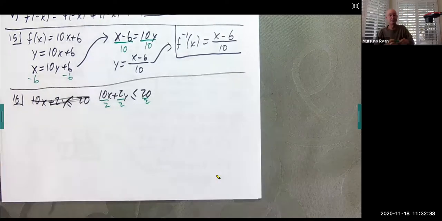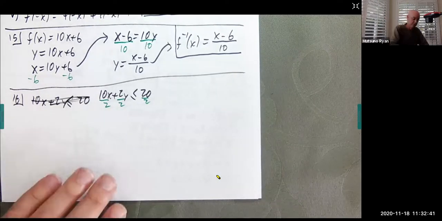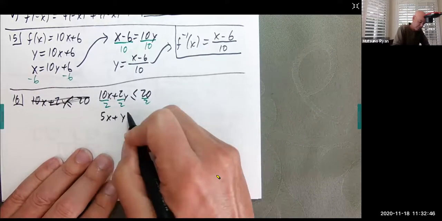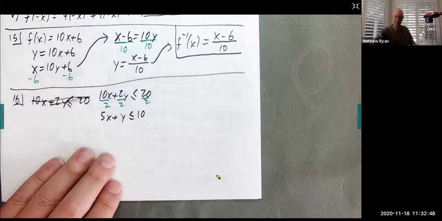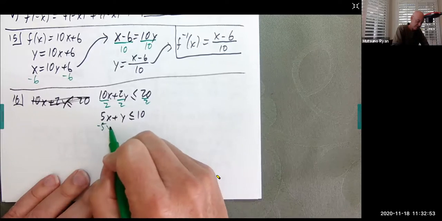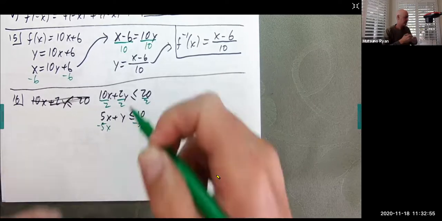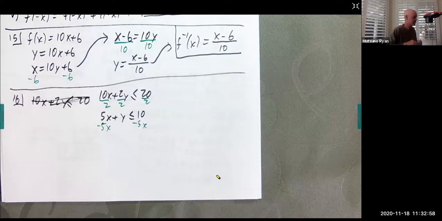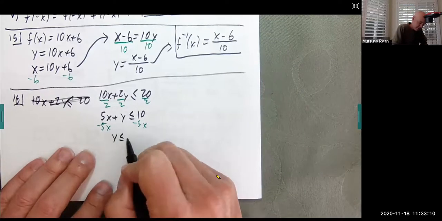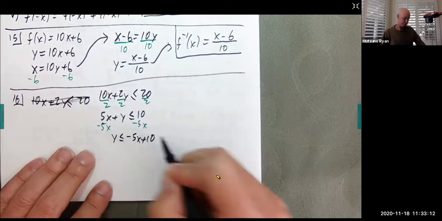I'm dividing by positive 2, so I don't have to switch the inequality. Now I'm going to put it in slope-intercept form by subtracting a 5x. That gives me y is less than or equal to negative 5x plus 10.